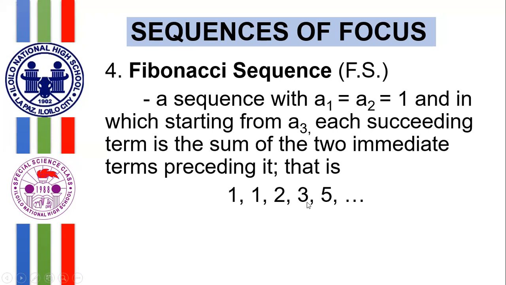The fourth term will be the sum of the second and the third term, 1 plus 2, 3. The fifth term will be the sum of the third and the fourth terms, 2 plus 3, 5. And this pattern continues indefinitely. Note that in some references, the Fibonacci sequence starts with 0. However, in the reference that we are using, we will start with 1 as our first term.